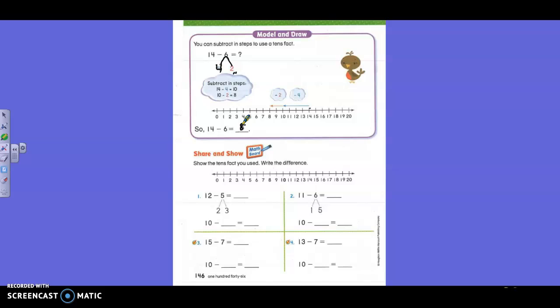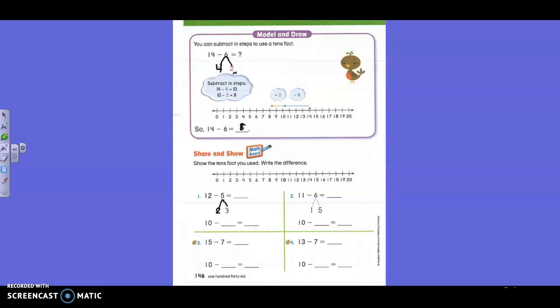Alright. So first, number 1, 12 minus 5. How can you, 10 plus what equals 12? 2. Okay, that's where you get the first number for the 5. On the caret. You're going to caret the smaller number.